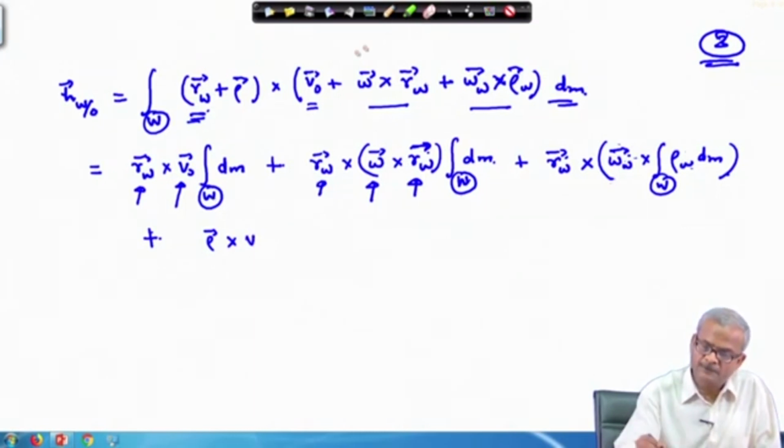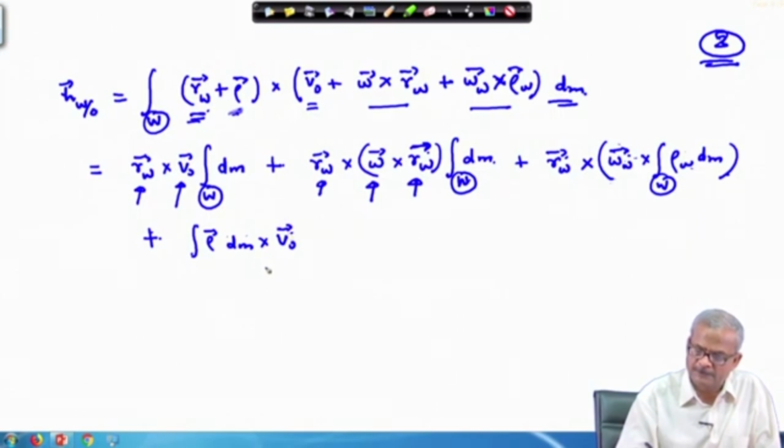Now, with respect to this rho, we are going to integrate. This rho we are going to use. So, with this rho we will be multiplying all the terms. So, this becomes rho d m cross v 0. v 0 is not dependent on the integration over the wheel. So, this comes outside here.